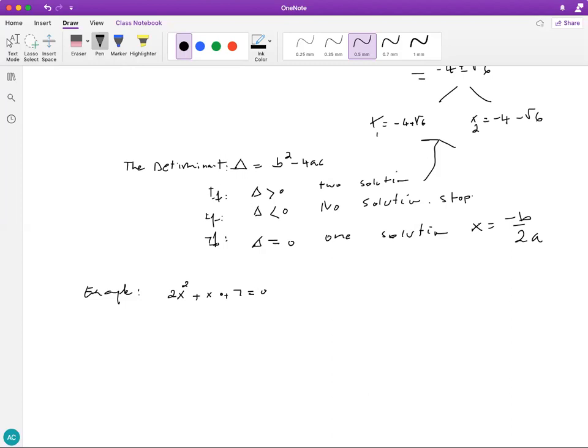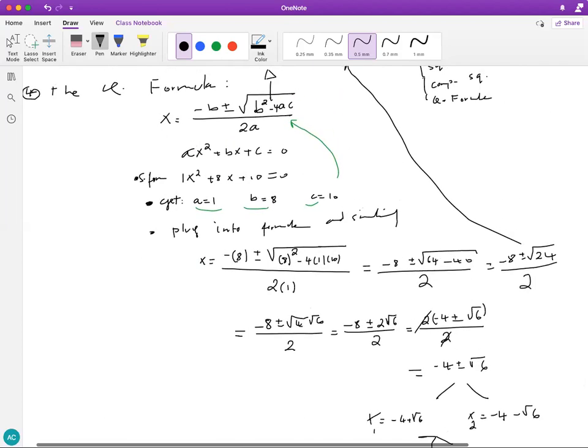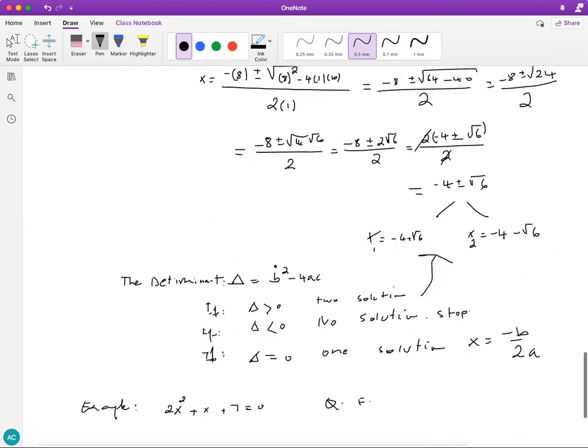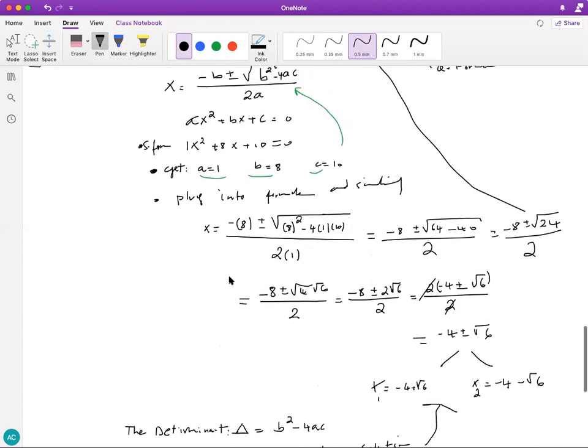Okay, that's an equation. Now let's solve this using the quadratic formula, which is again given. This is in front of you in the exam. So what is the first thing you do to solve this using the quadratic formula? Or actually, let's put this 7 over here. Let's say this 7 was here. What do you do first?